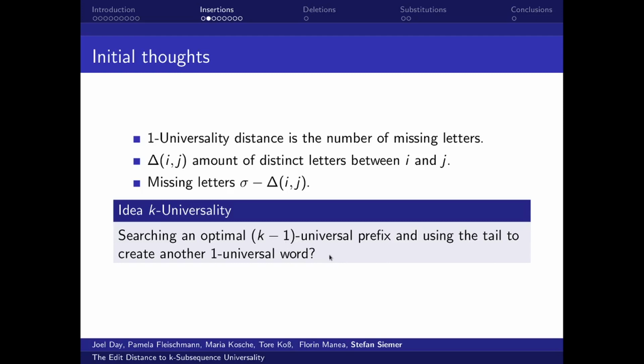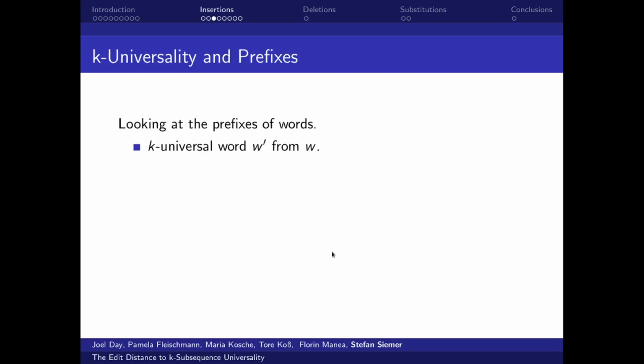So let's see why that would work. First of all, the k-universal word that we will obtain in the end, we will denote by w prime, and we will get this k-universal word from our original word w.